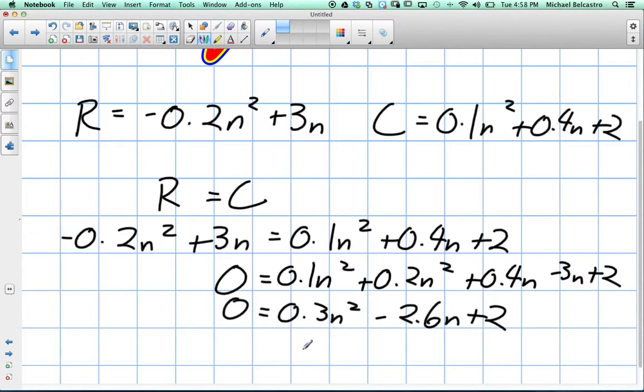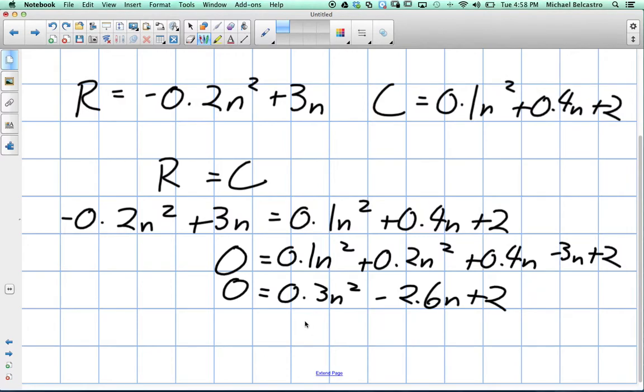We could have gone through the process of finding those x-intercepts ourselves, and we would have found our two x-intercepts. One of them was 0.85, right? And the other one was 7.81, okay?